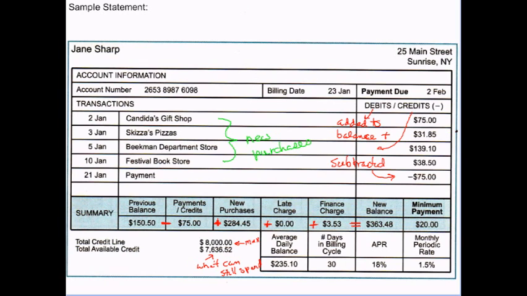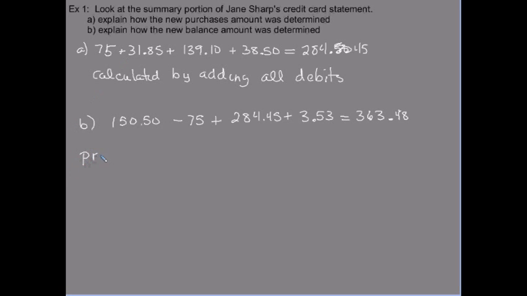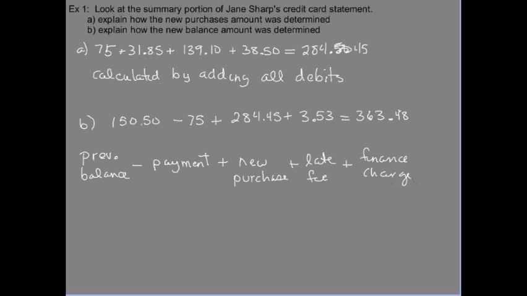So we've got previous balance minus the payment plus new purchases plus late fee, if there is one, plus the finance charge. So that's how that was calculated.